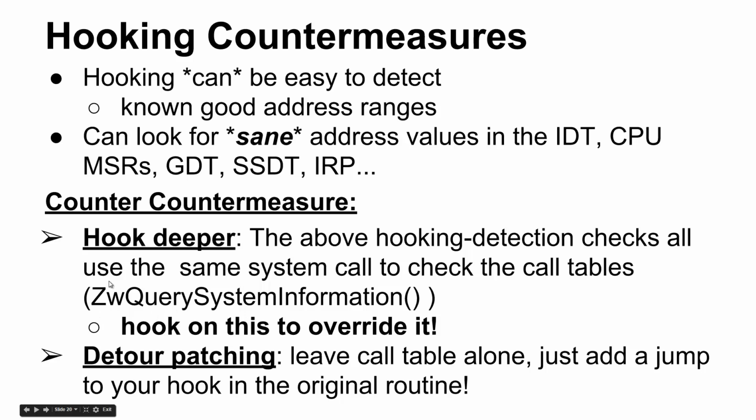If you hook that, then you can lie to every application, tool, and antivirus check doing hooking checks. Alternatively, detour patching means leave the call table alone, then patch the destination in the call table where there would be binary code, and just add a jump in there as the first instruction. Jump to your malicious code, and then either jump back or return back to the calling function.